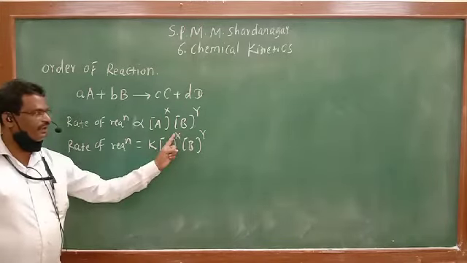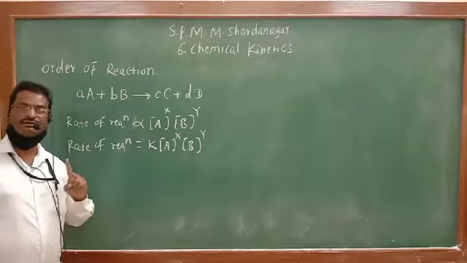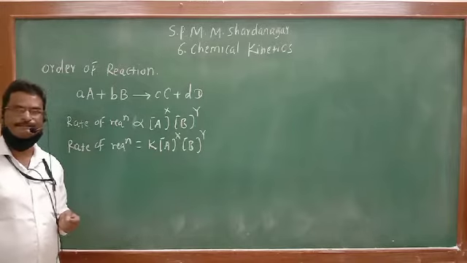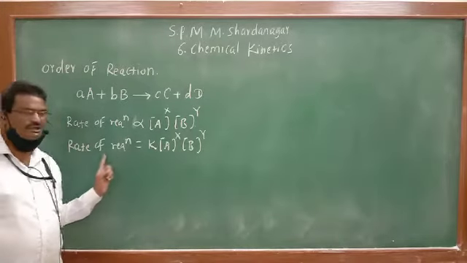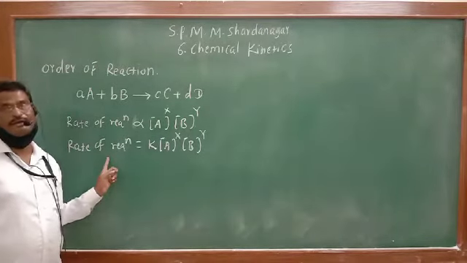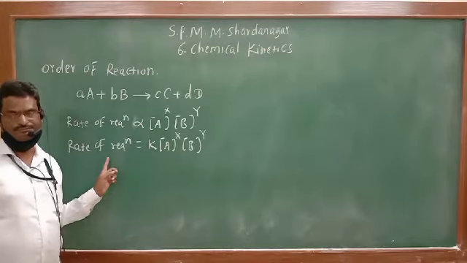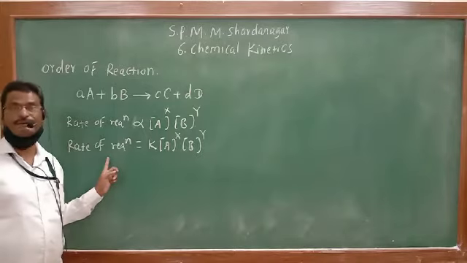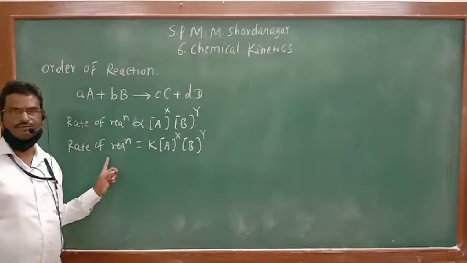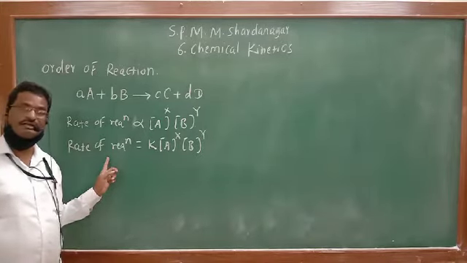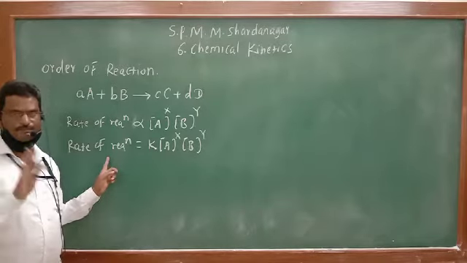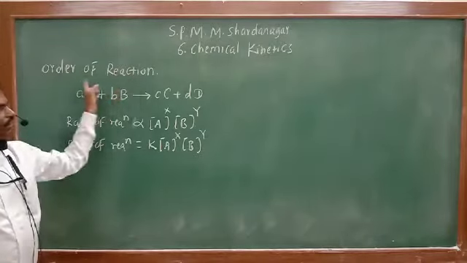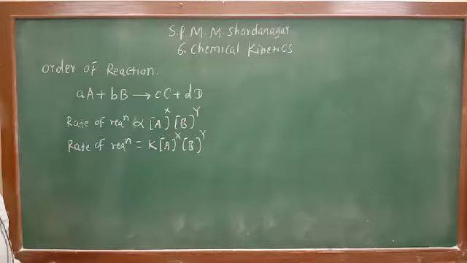These are experimentally determined quantities. Therefore, this equation is an experimental equation, and rate law is nothing but the experimental law. Now, what is meant by order of reaction? That is the point over here.